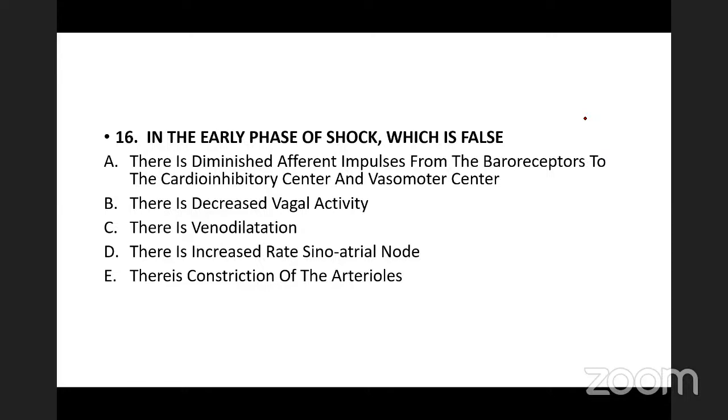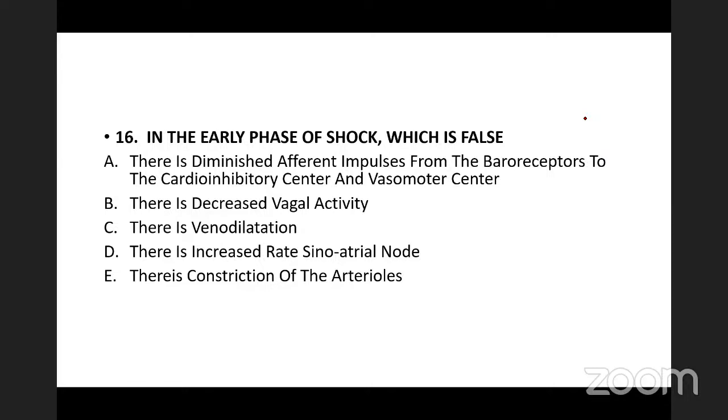The middle stage of shock is maintained by the renin-angiotensin-aldosterone mechanism. And the late phase of shock is a stage of decompensation where all the compensatory mechanisms of the body are lost. So those are the 3 phases.